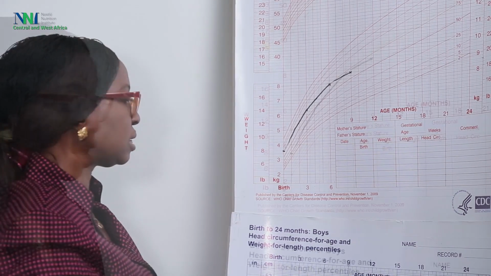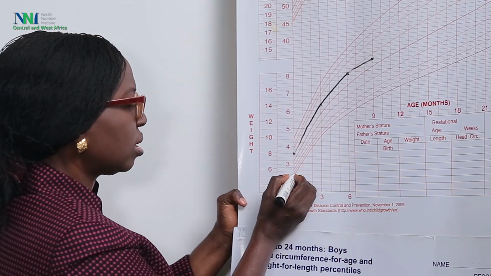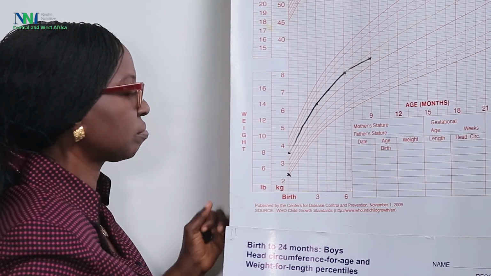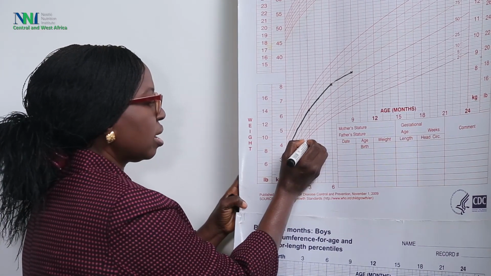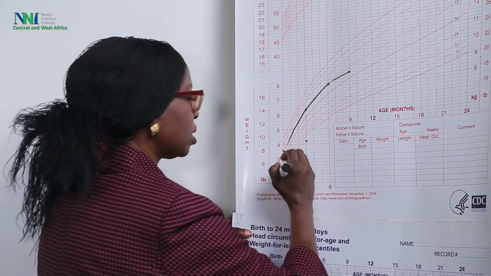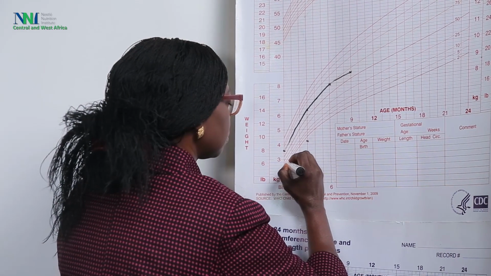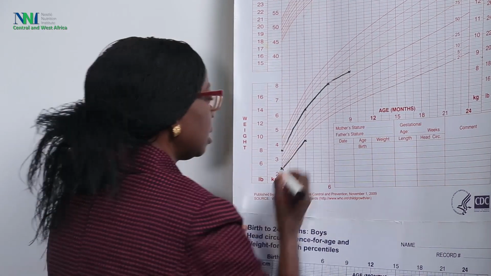Another scenario is if this child weighs 2.4 kilograms at birth, a point to be made here, and if by 3 months the child is weighing 4.2 kilograms, a point to be made here. And if we join these 2 points, the line will look like this.